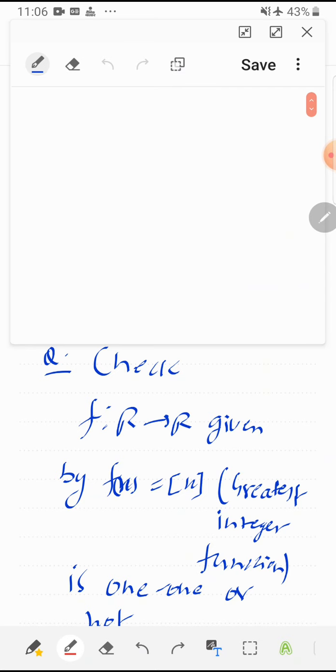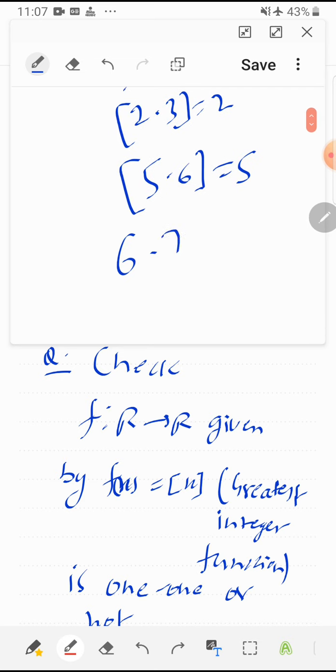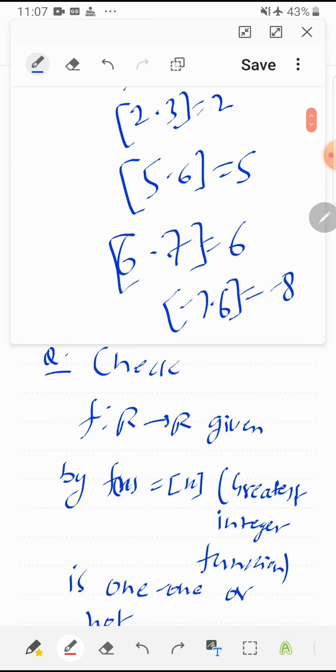If you come to know what message the function is conveying, then obviously you will immediately get the one-oneness or onto. Like, randomly put different values here, and if you remember, the greatest integer of 2.1 is 2, 2.3 is 2, 5.6 is 5, 6.7 is 6, and minus 7.6 is minus 8.